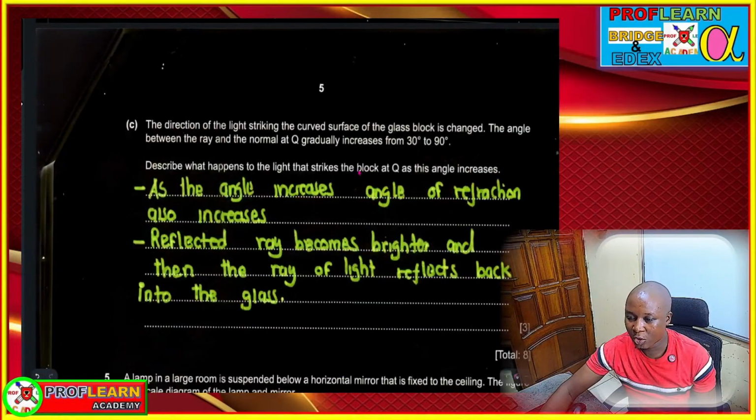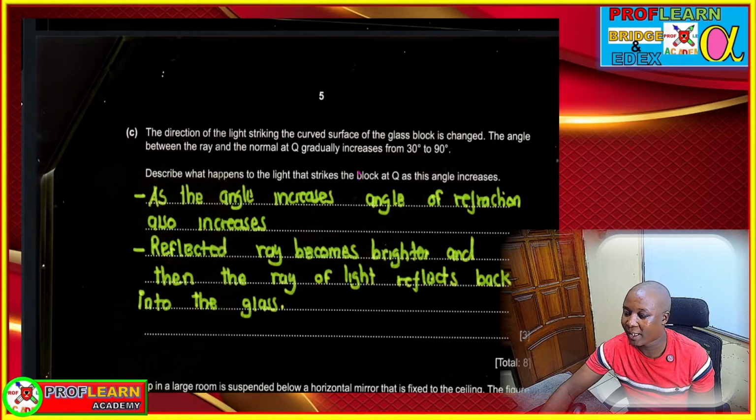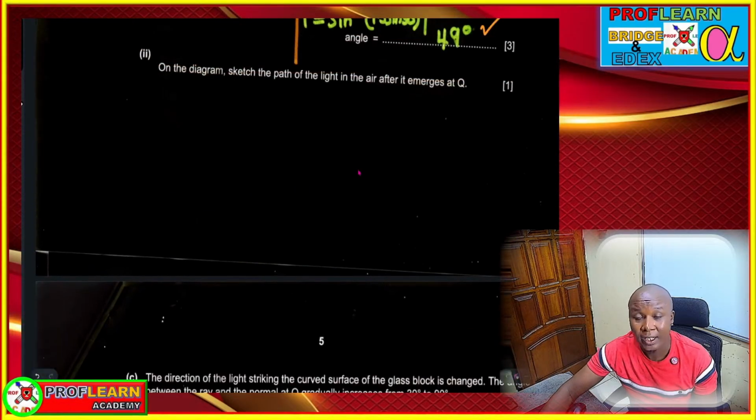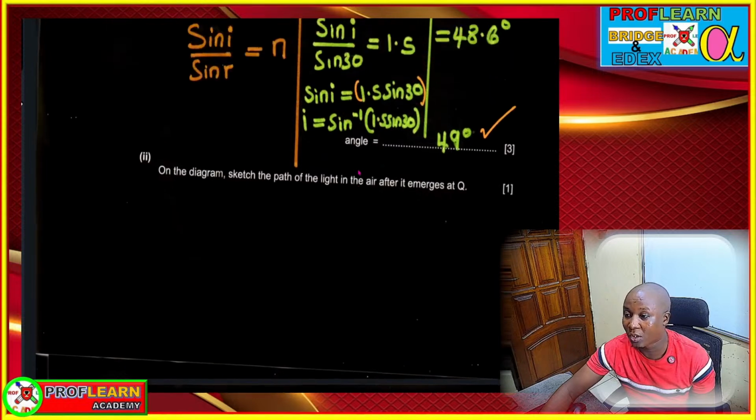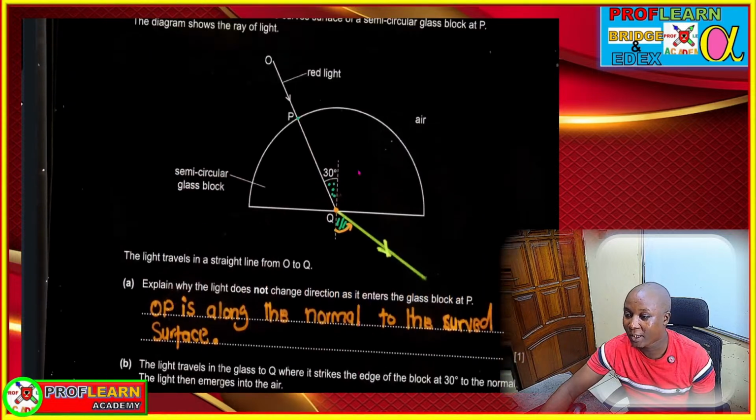Now the direction of light striking the curved surface of the glass block is changed, and the angle between the ray and the normal at Q gradually increases from 30 to 90 degrees. So basically what the question is trying to say is, we have this ray here like that.